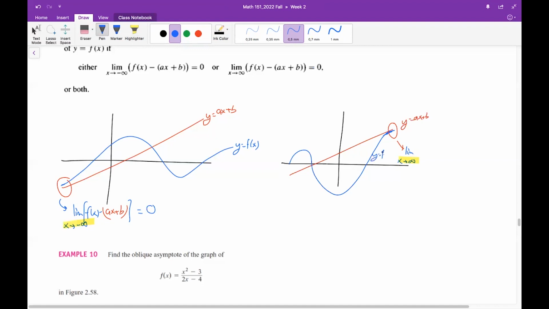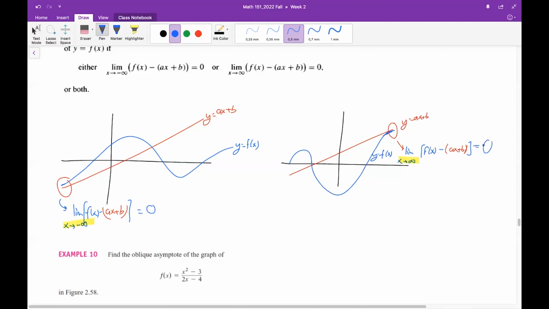This is the y equals f of x function, and it behaves exactly like this line, so there is no difference between them as x goes to infinity. If I take the difference of them around infinity, I expect to obtain nothing because they behave the same. So this limit should be 0.